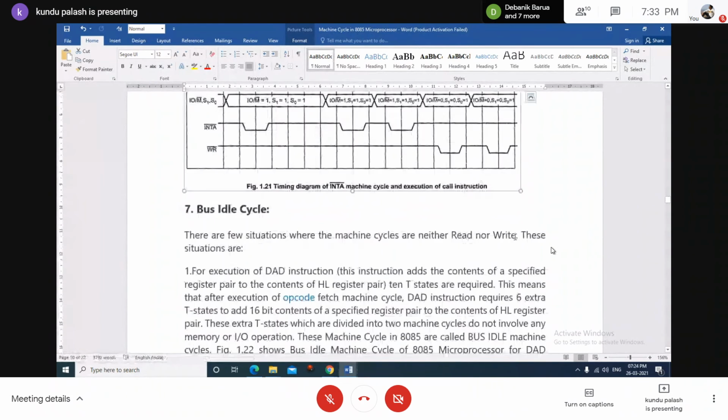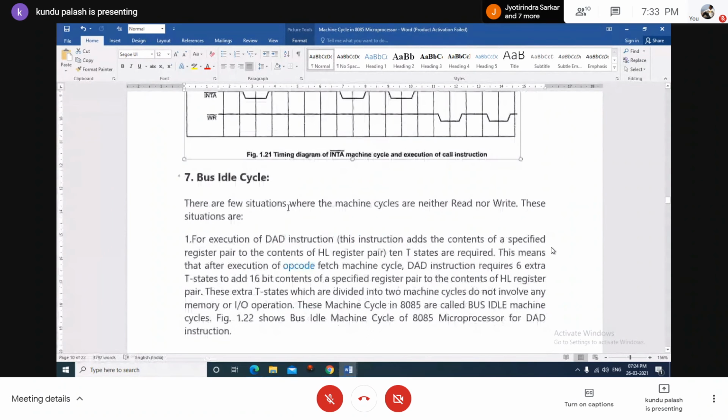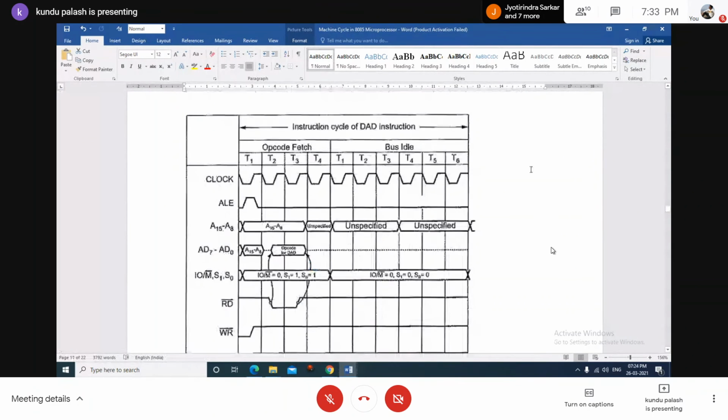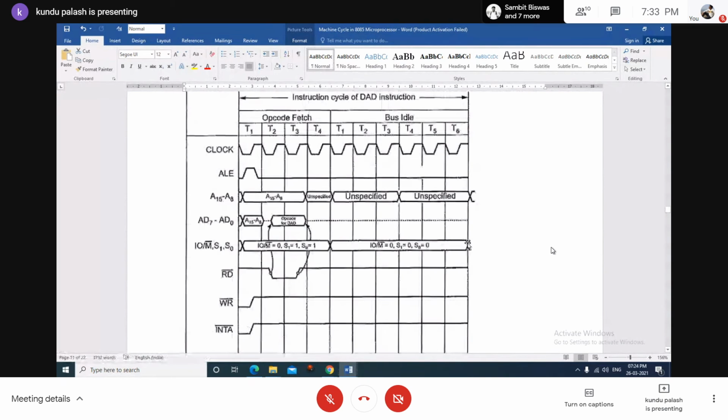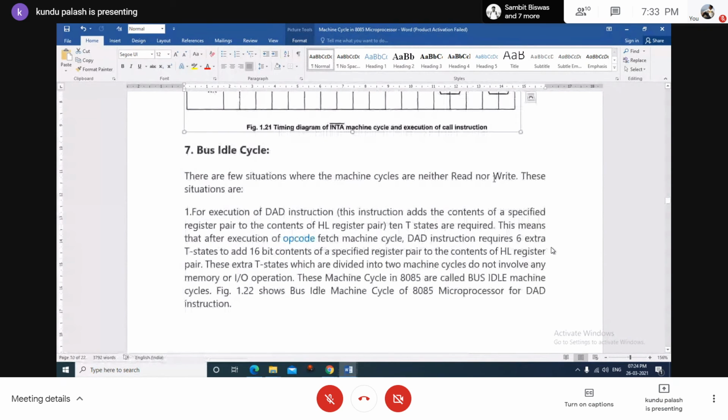There is another type of timing cycle, the bus idle cycle. What is that? Under no operation, or the DAD instruction, these are timing diagrams of the DAD instruction. There are a few situations where the machine cycles are neither read nor write, so both read bar and write bar will be inactive.